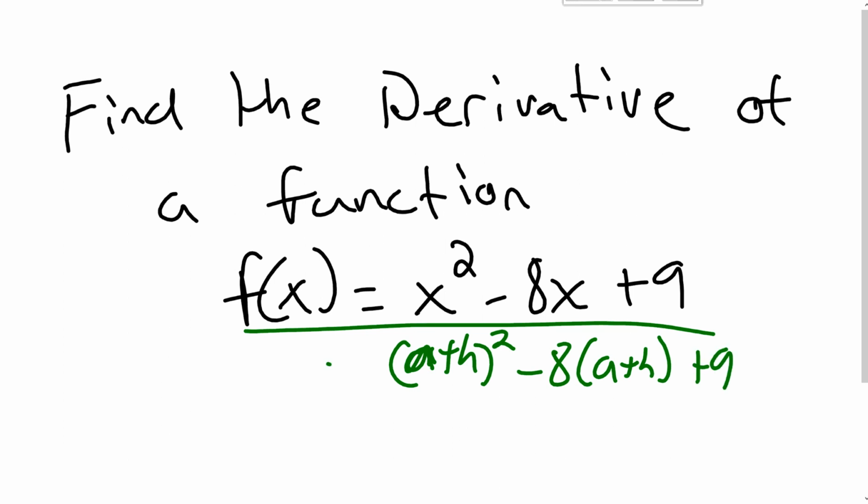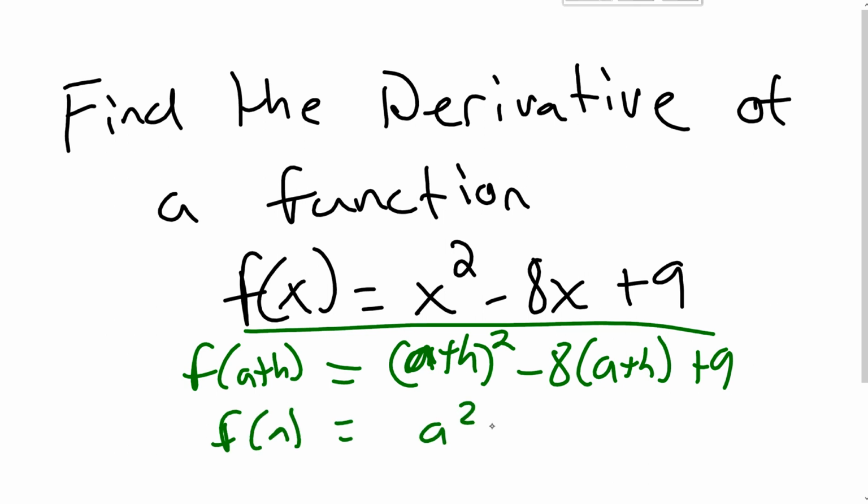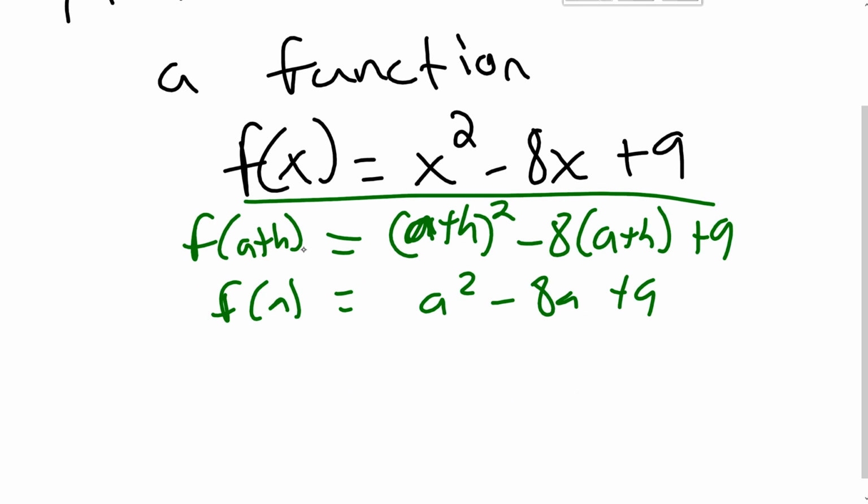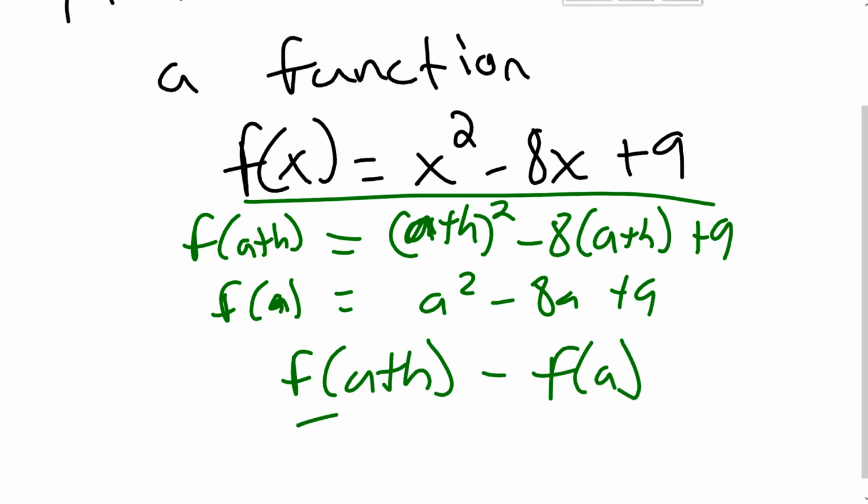That is equal to our f of a plus h. Then f of just a would be a squared minus 8a plus 9, and my denominator is just h. So when I take the difference quotient, f of a plus h minus f of a all over h, I'd be subtracting these.